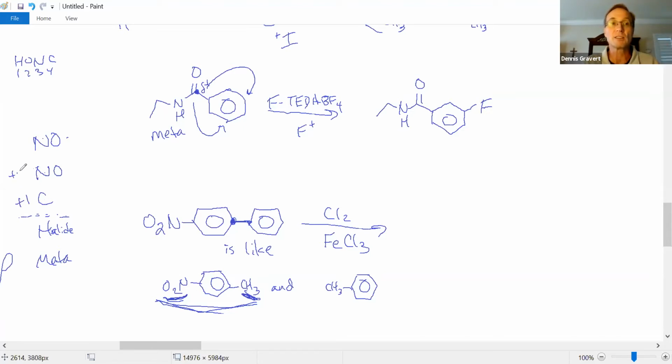An amide or an ether is +2. A strong activator, amine, alcohol, is +3. Having a halide slows it down, but at least it's still ortho-para directing. These are all ortho-para directing, but the meta director is strongly deactivating. That's like a -2.